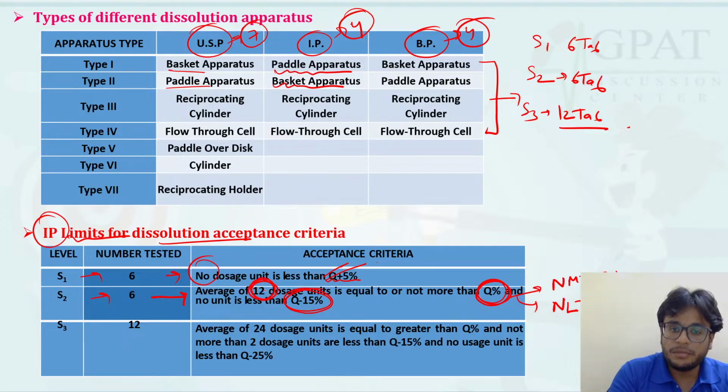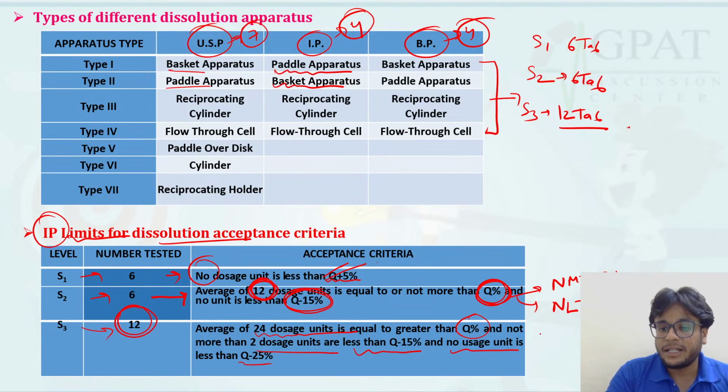Then for S3 we take 12 tablets. The average of 24 dosage units is equal to or greater than Q, but not more than 2 dosage units should be less than Q minus 15, and no unit dosage form is allowed to have a release content of less than Q minus 25.